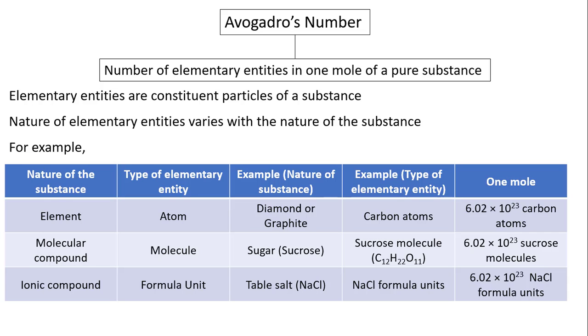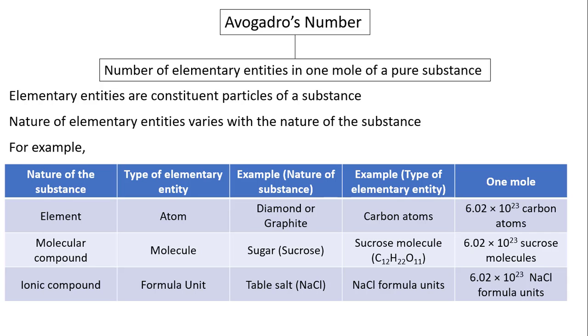And now let's talk about the molecular compound. If we take the pure substance as a molecular compound, we can take an example of water, as we have discussed earlier. Here we can take another example, and for molecular compound, the elementary entity will be the molecule. And for sucrose, as we see, the sucrose is a crystalline organic substance, and the sucrose basically has the molecules C12H22O11.